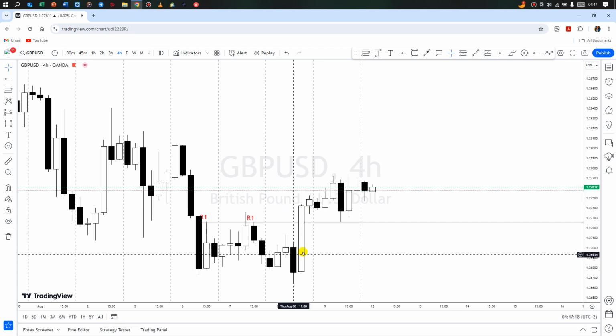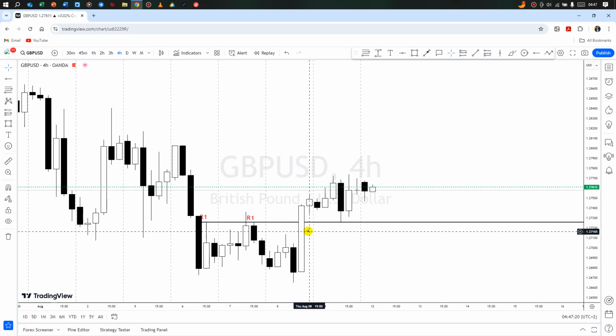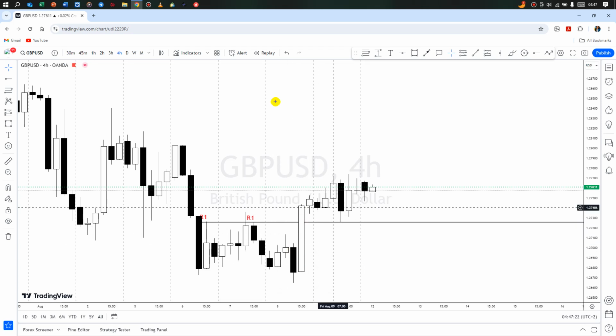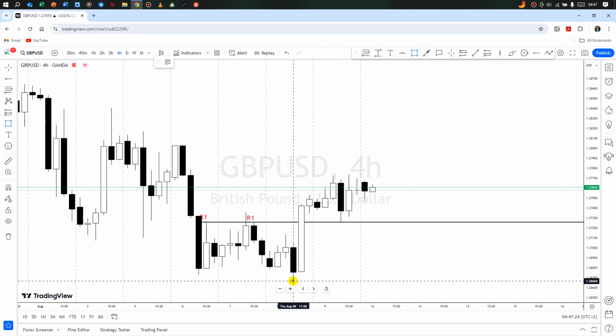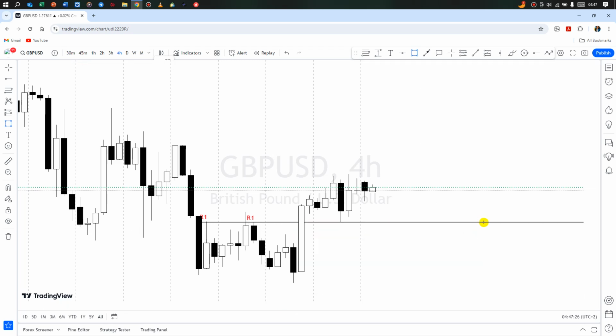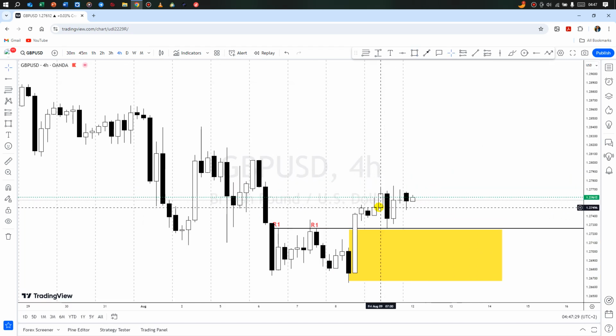Which means you'll have to look for a zone around this area here. Around this area, we'll have to look for a buy opportunity. So let us just mark it with our rectangle just in case.